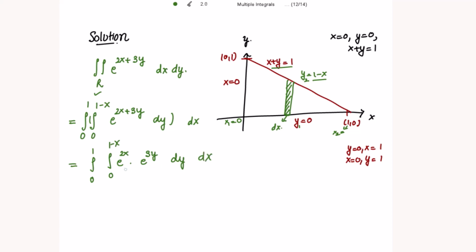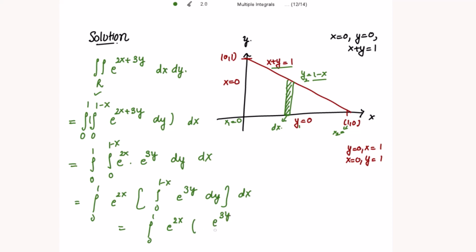Because I'm integrating with respect to y, I take e to the power 2x outside. Now integrating e to the power 3y dy from 0 to 1 minus x. Fine. So this is equal to the integral from 0 to 1 of e to the power 2x, and the integration of this is e to the power 3y over 3 from 0 to 1 minus x, dx.